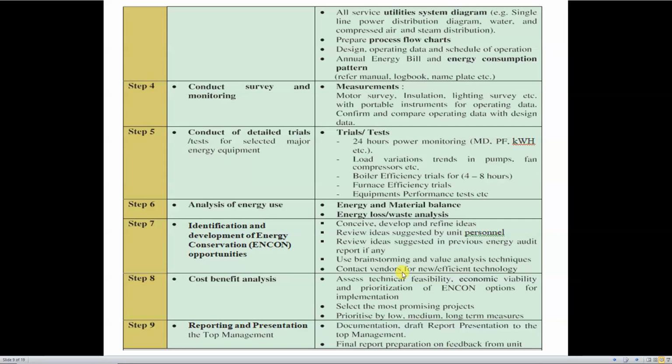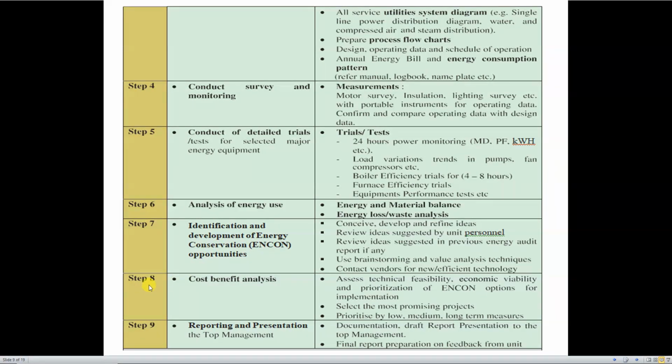Earlier only one experiment would run at a time. Now, with the help of new computers, 2 to 3 experiments will run at a time. So these are examples of efficient technologies. So energy conservation opportunities is very important.